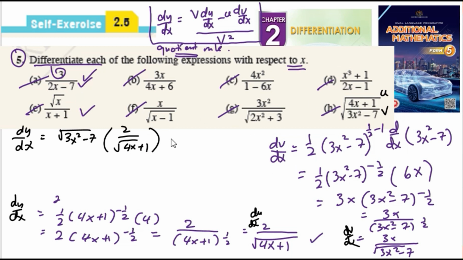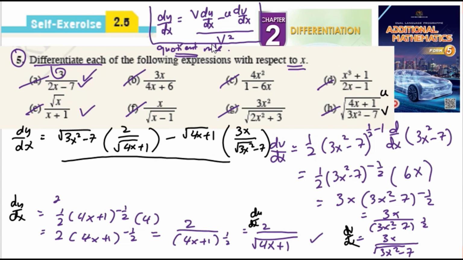Okay, and then minus u, so where is u? U is 4x plus 1, so 4x plus 1. So dv over dx is this one, which is 3x divided by the square root of 3x squared minus 7. So divide with v squared. So here our v is (3x squared minus 7) squared.